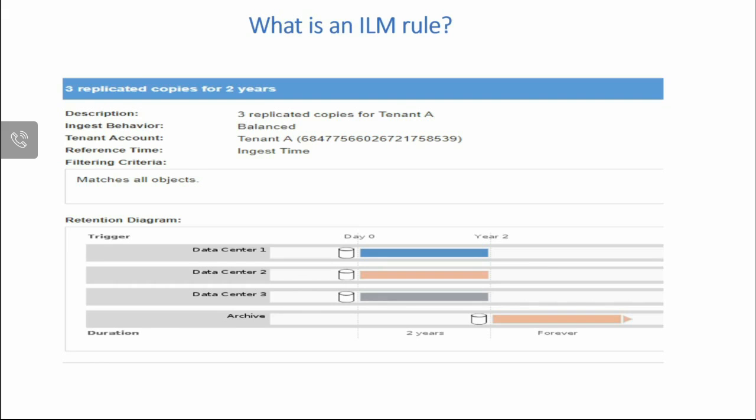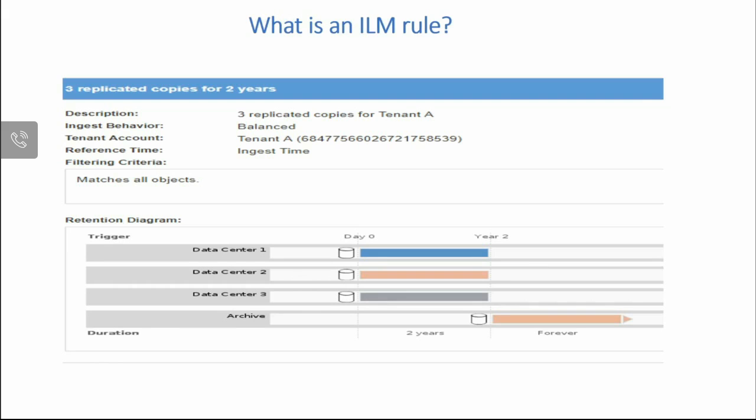And 4, which is very important, is how and when objects are retained and how objects over time change the object storage location and type of copies over its life cycle, right? So in this example, you kind of see here that we stored the copy of this content from this tenant in 3 data centers for the first 2 years.